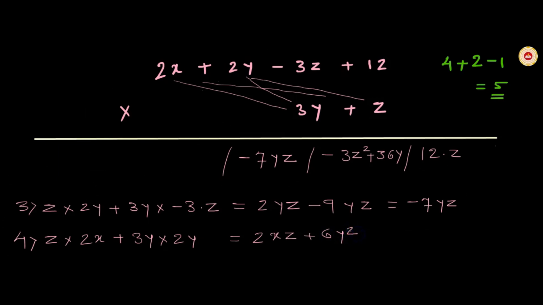So 2xz plus 6y squared is the answer of the fourth step and should be written in the fourth part. Fifth step.